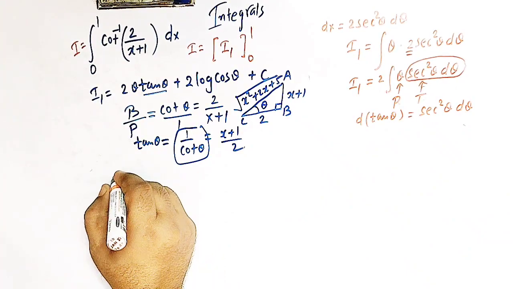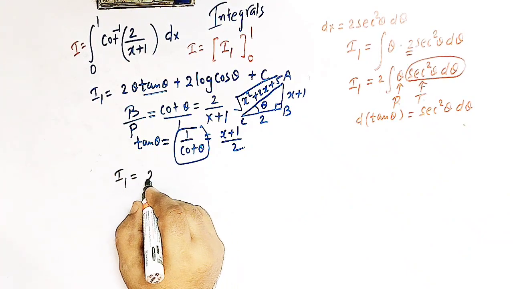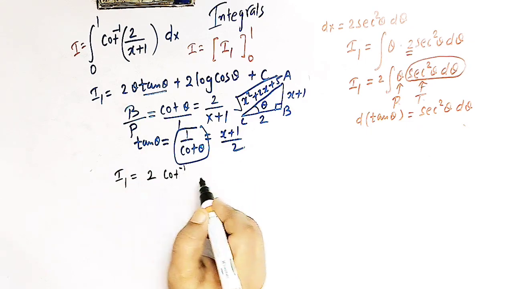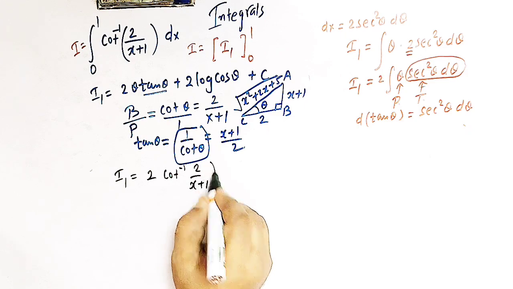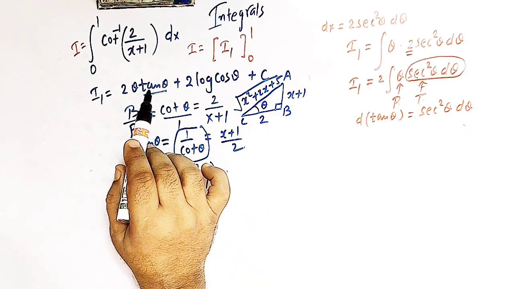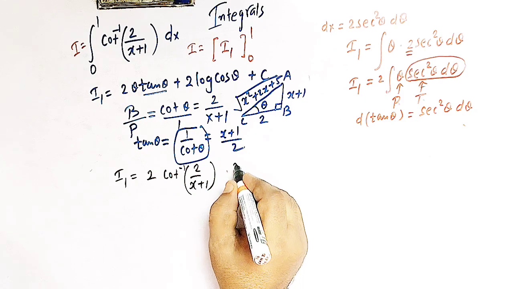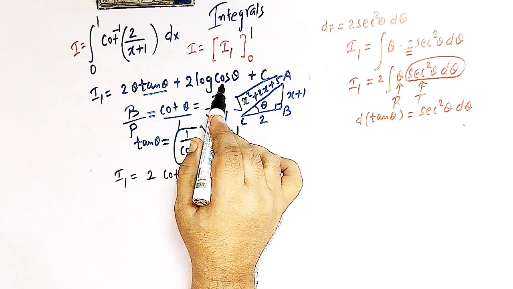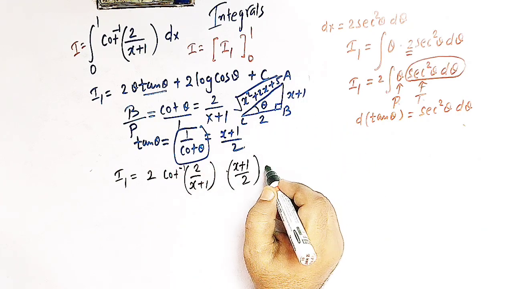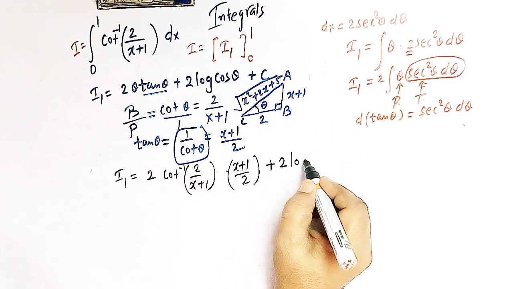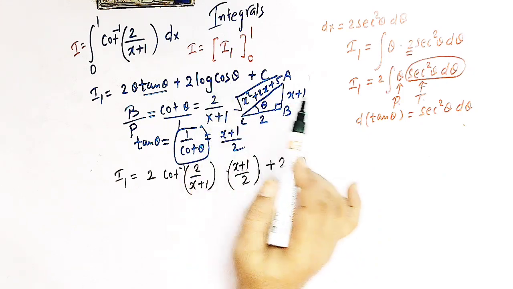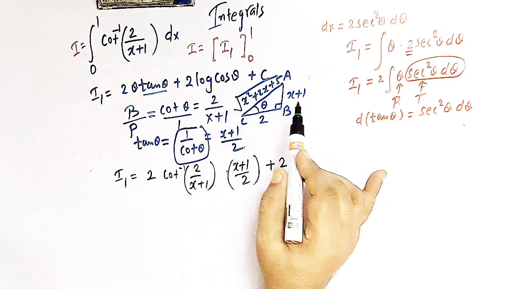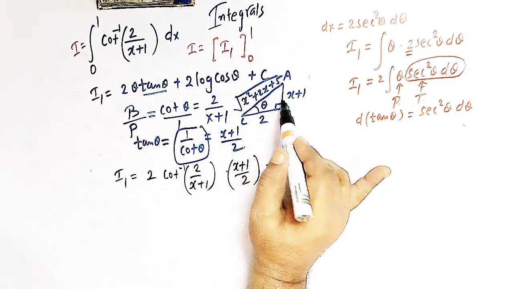So now I1 can be written as 2 times theta, where theta is cot inverse 2 over x plus 1, and then we have tan theta, which is x plus 1 over 2. Now we are converting this expression in terms of x, and here we have 2 times the log of cosine theta. To get the value of cos theta in terms of x, we can make use of this right angled triangle.